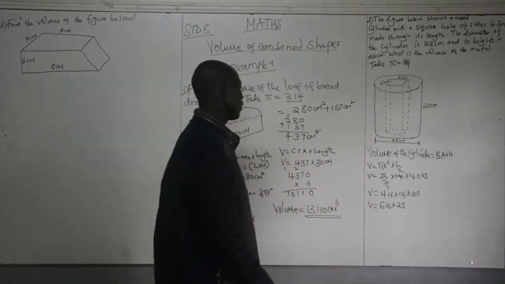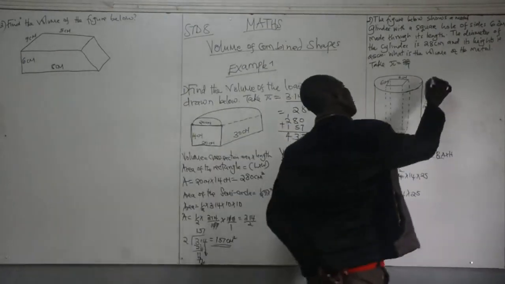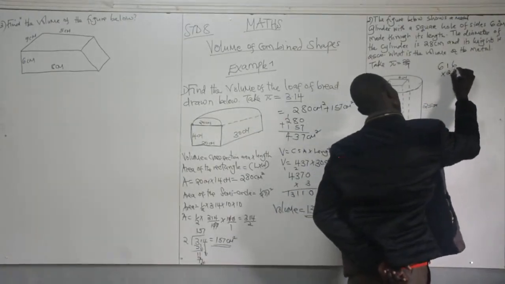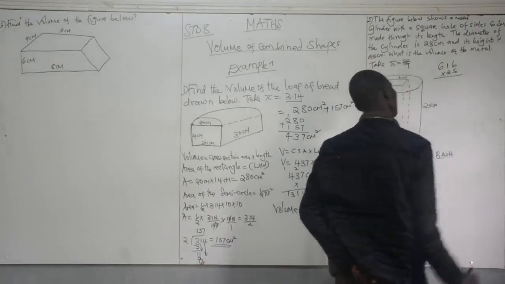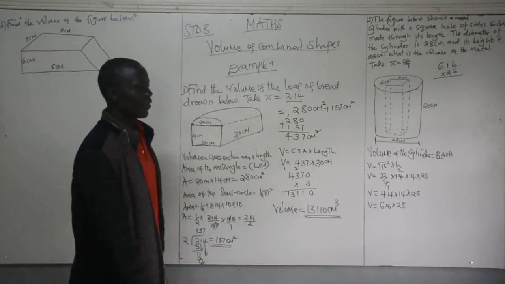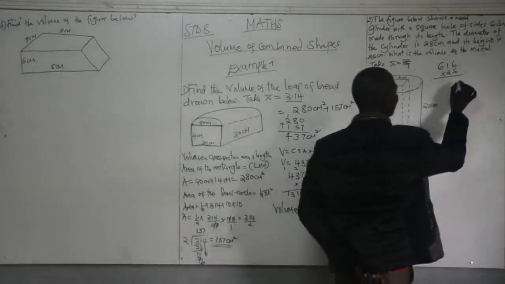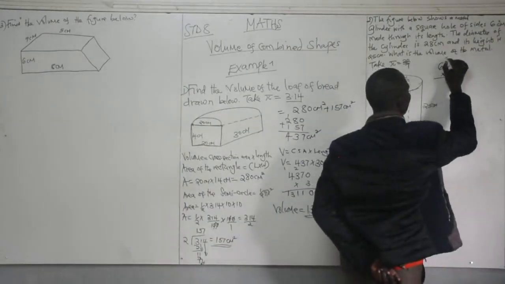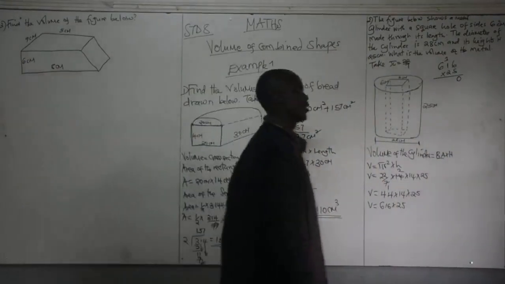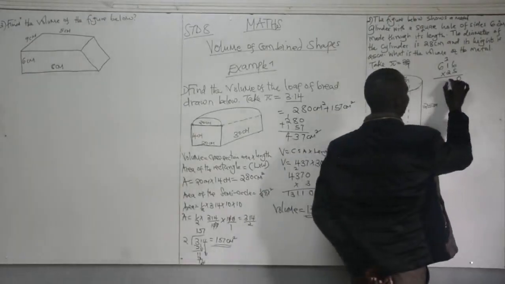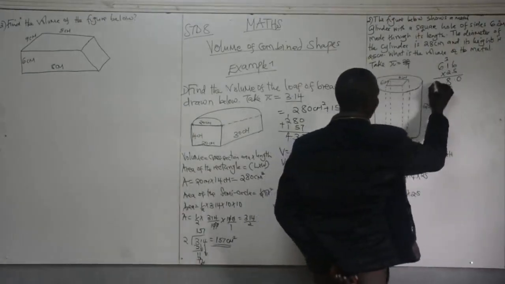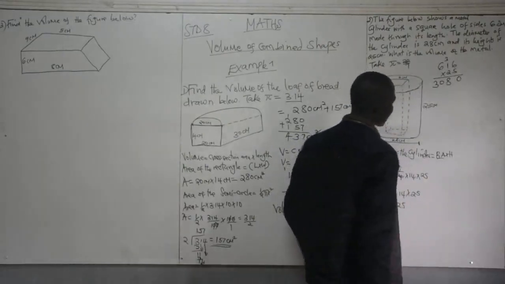So let us multiply this. 616 times 25. 5 multiplied by 6 gives us 30. 30 we write a 0, we carry 3. And then 1 times 5 gives us 5 plus 3 to get 8. And then lastly we have 6 times 5 again to give us 30.